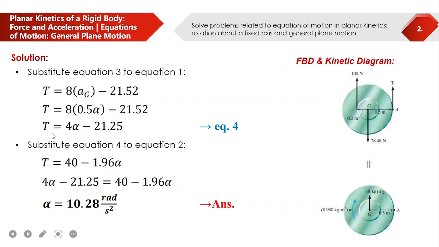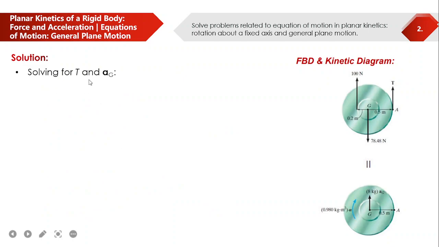When we solve, we first made the unknowns in equation 3 homogeneous. It was only the acceleration, so we converted it to angular acceleration, so that the two equations become homogeneous: tension and angular acceleration relationship. After solving equation 4, we substitute into equation 2, then we can have our angular acceleration.